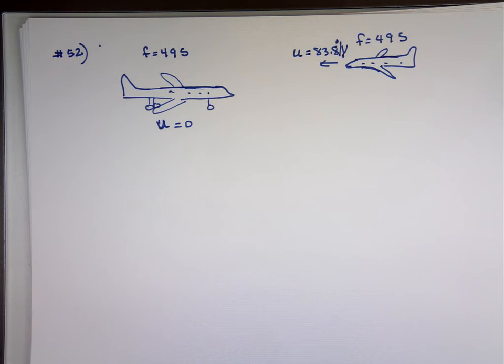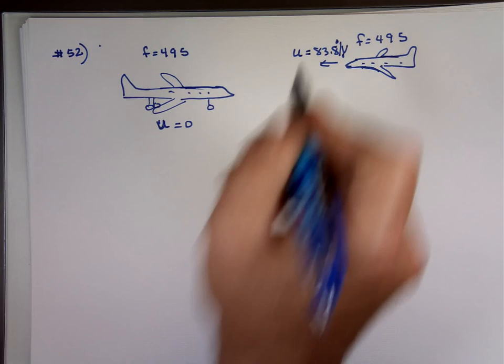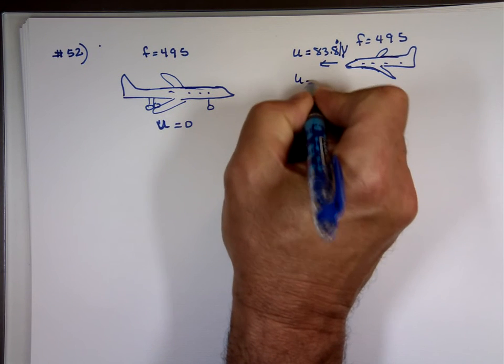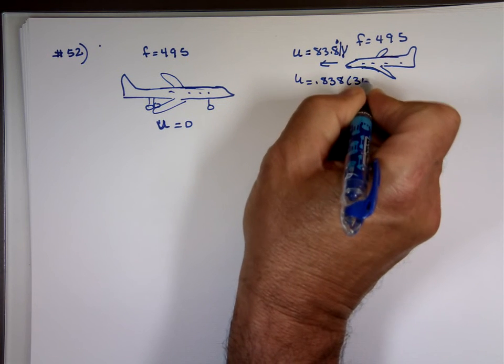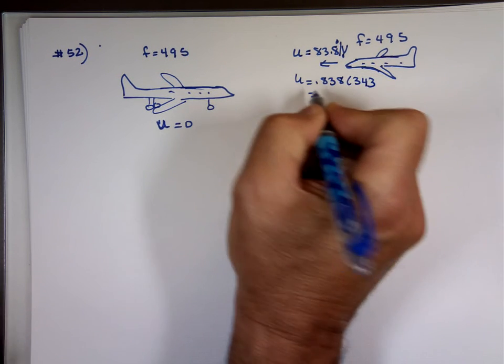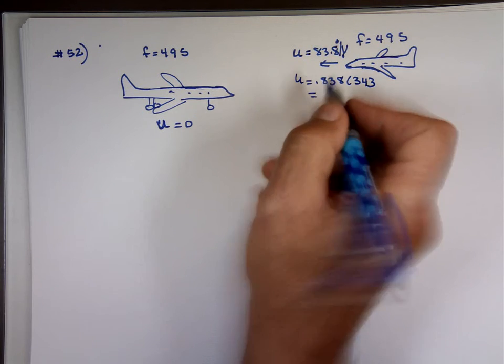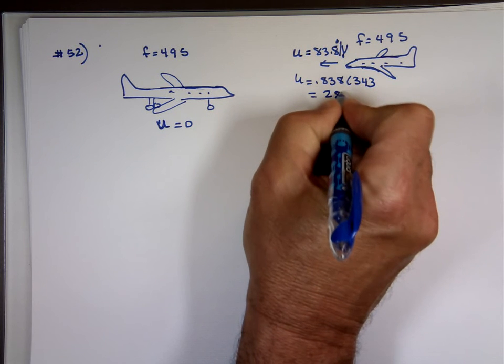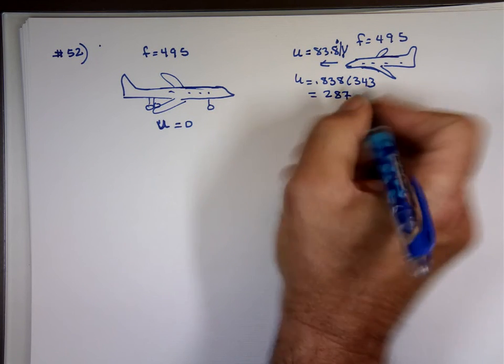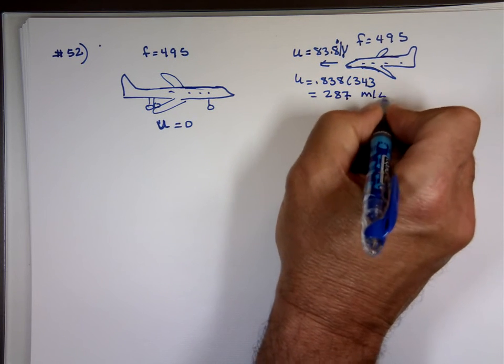So the speed of this aircraft is 0.838 times 343. That moves at 287 meters per second, 287.4 if you want a decimal place.